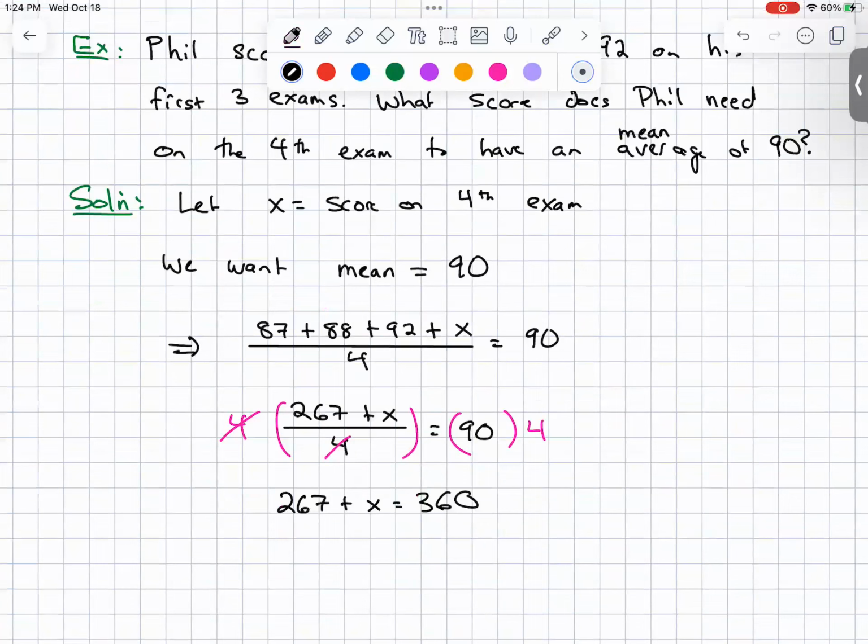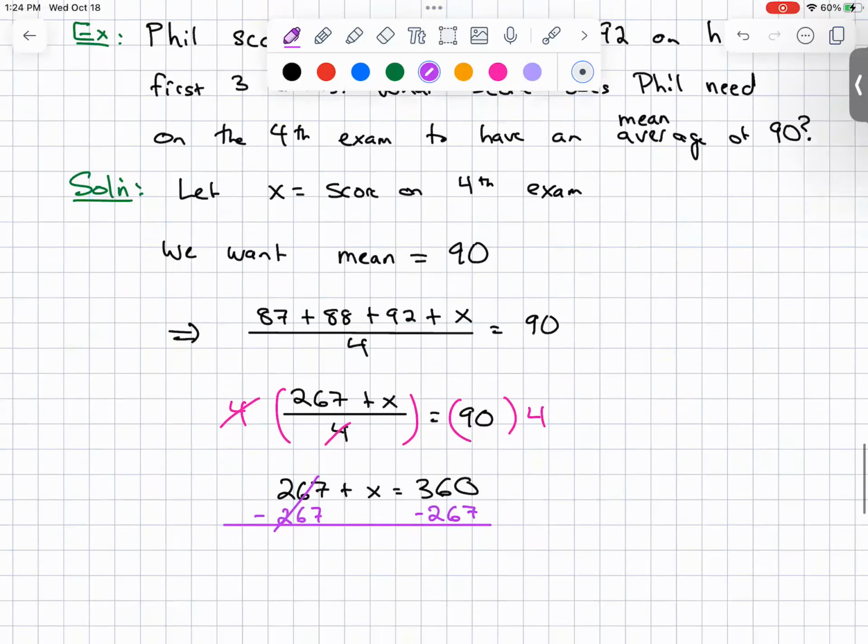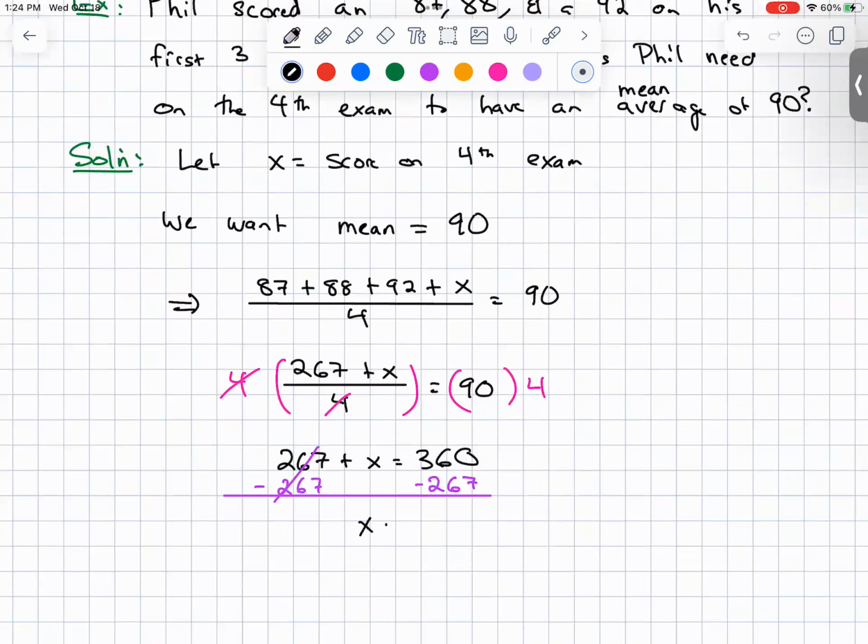We have to solve for X, so we need to get rid of that 267. Subtract 267 from both sides, and you get that X is equal to 93. So as long as I score 93 on the exam, I'll get an A minus. That's all I need.